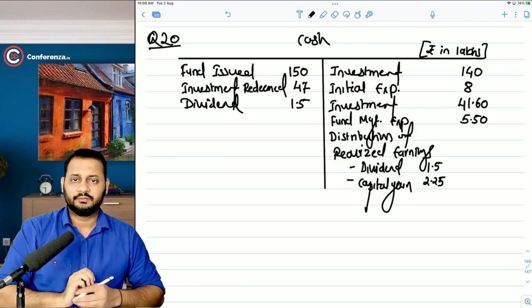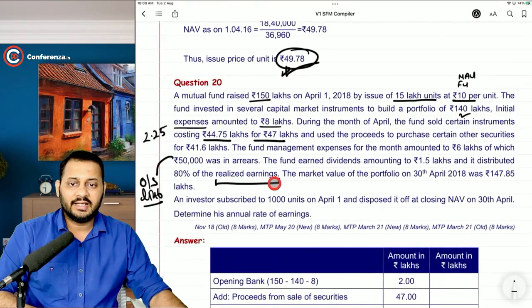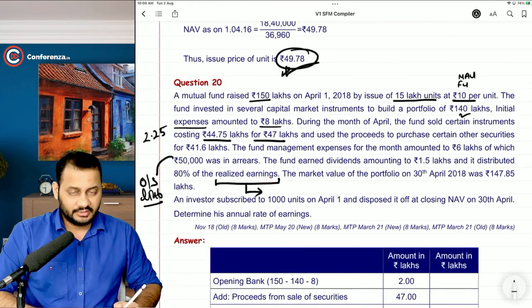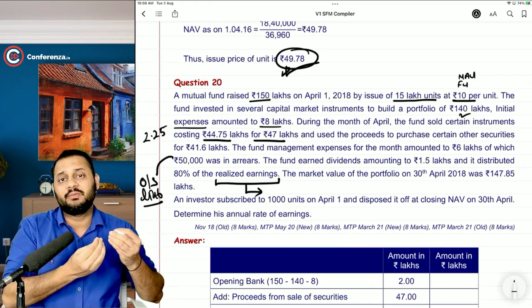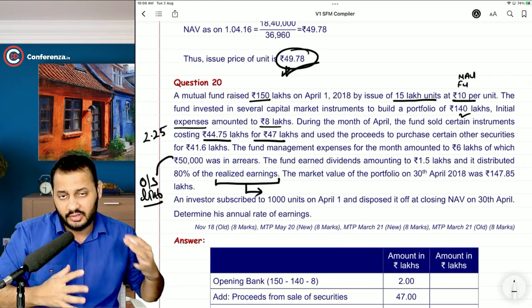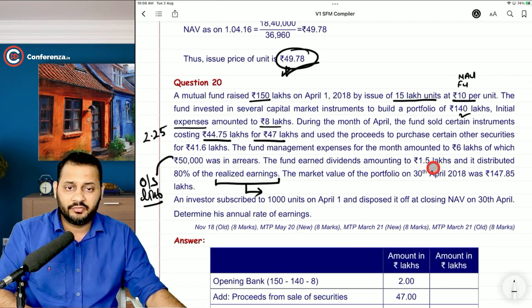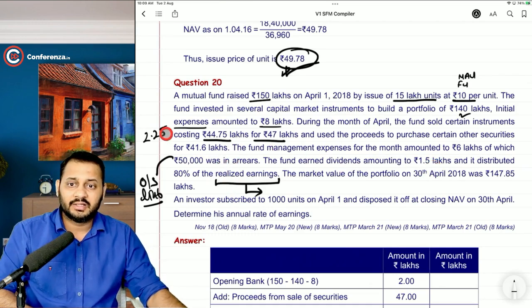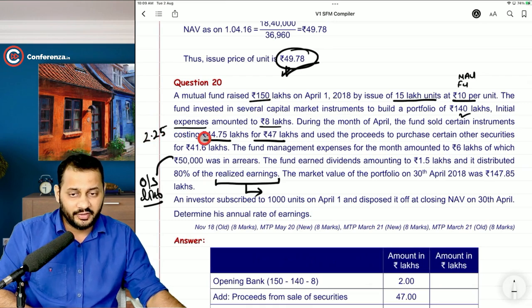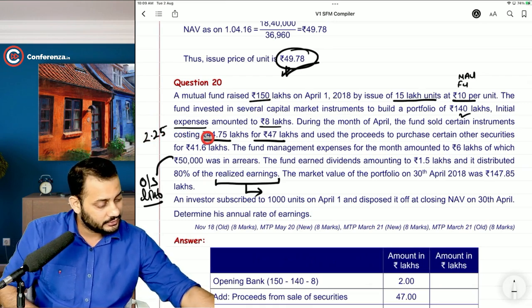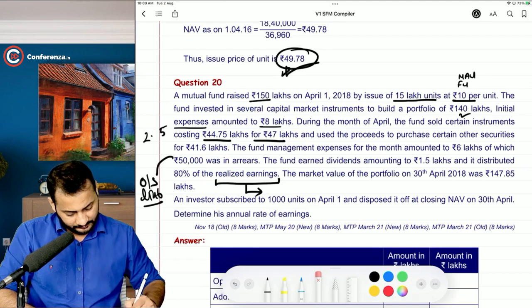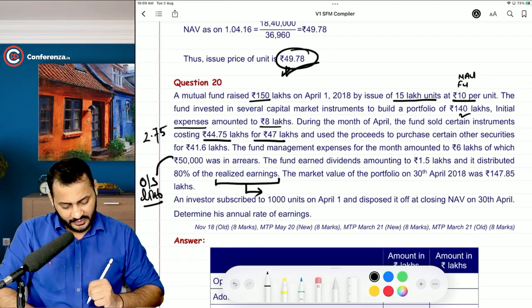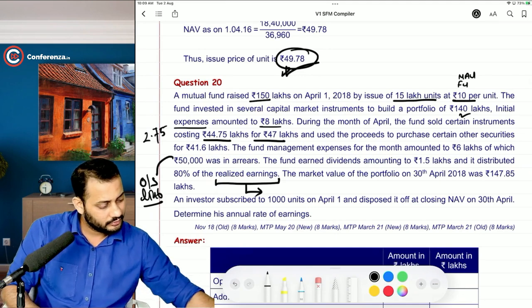Am I right? See, they said realized earnings. Realized earning means the profit which has been received in our bank account. So it is not just the profit of 1.5 lakhs of dividend, but this capital gain is also a profit, 2.25 lakhs. So 1.5 plus 2.25 is 3.75 lakhs. Let me just correct this.